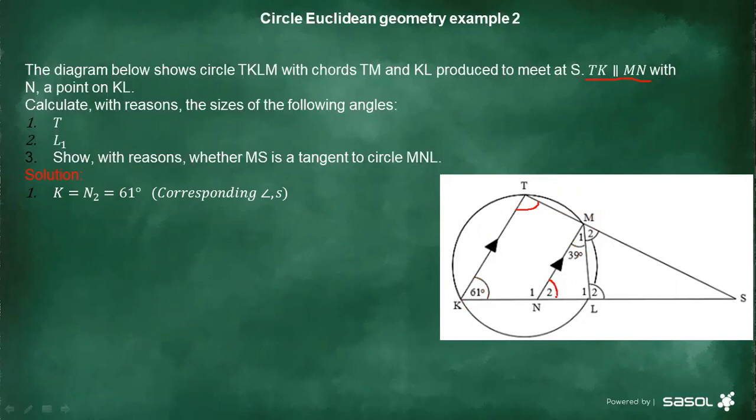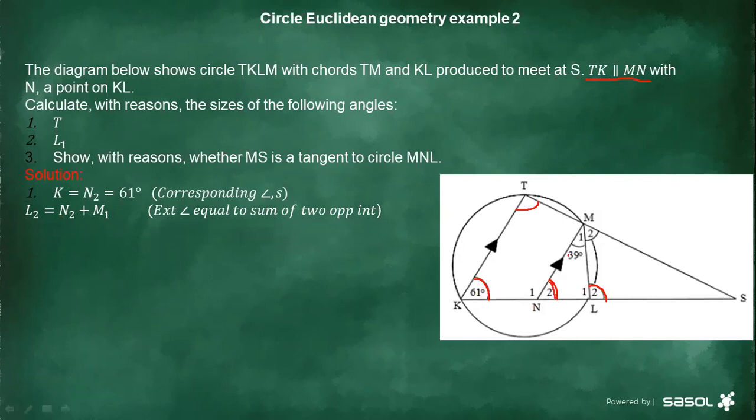This angle is equal to this angle here, which is 61 degrees. What is the reason? Corresponding angles. Why? Because these two lines are parallel, and we know that corresponding angles are equal, right? Thereafter, we're calculating this angle L2, right? Then we say N1 plus M1.